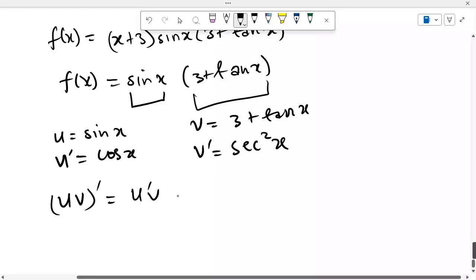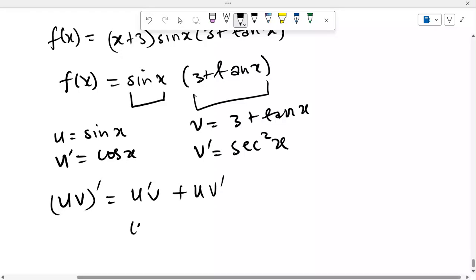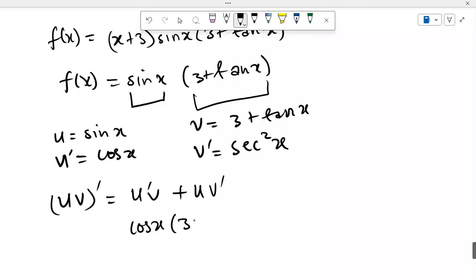So uv prime will be u prime v plus u v prime. So what is u prime? u prime is cos x. What is v? v is 3 plus tan x, plus what is u? u is sine x.